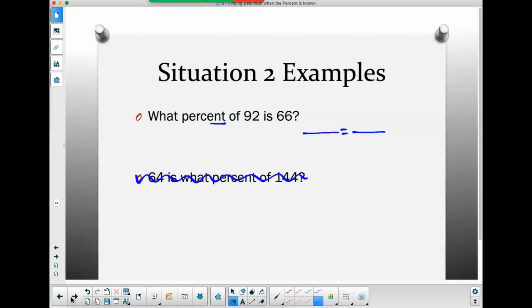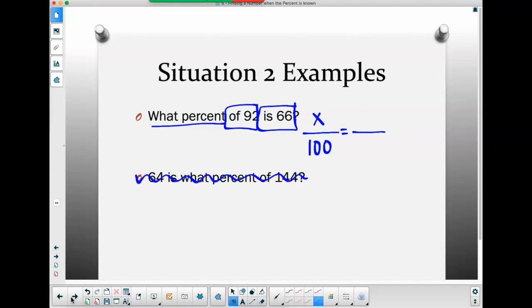It says what percent, so I don't know the percent. That's where I'm going to put my x over 100. Of 92 is 66. Where should the 92 go and where should the 66 go? Does the 92 go on the top or the bottom?